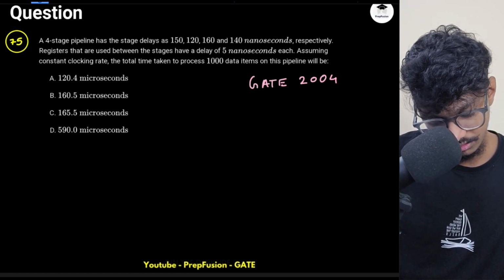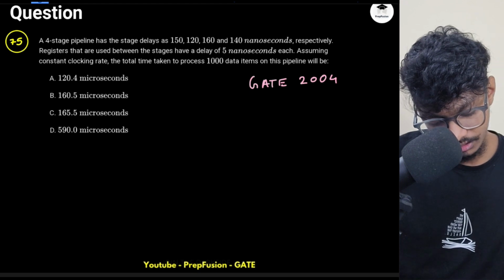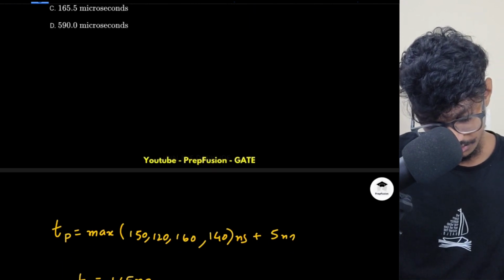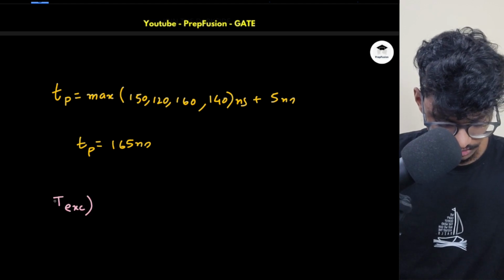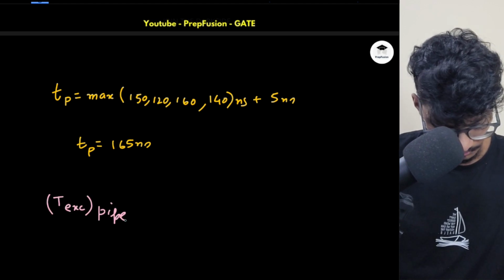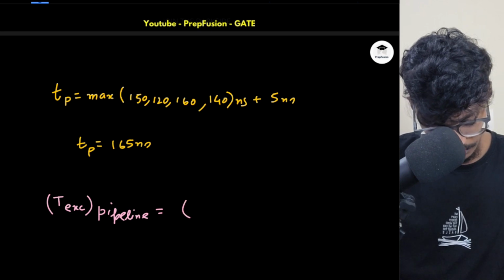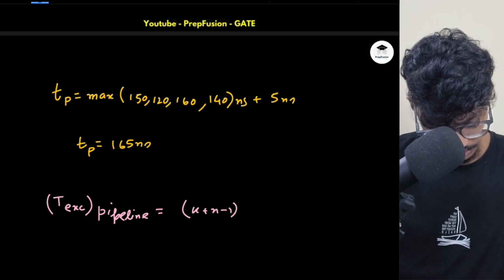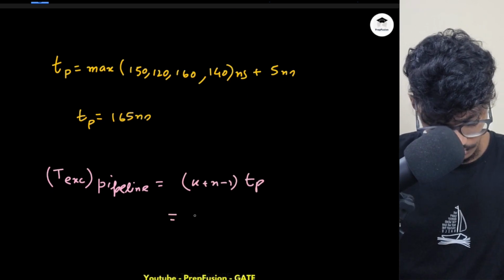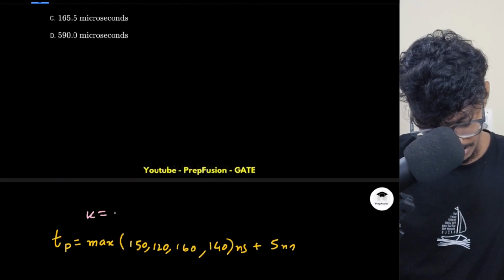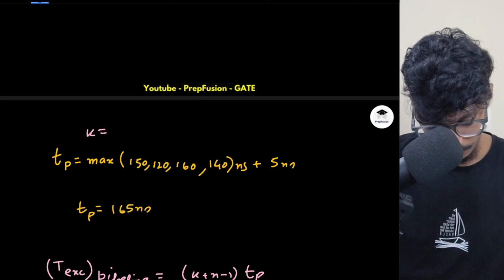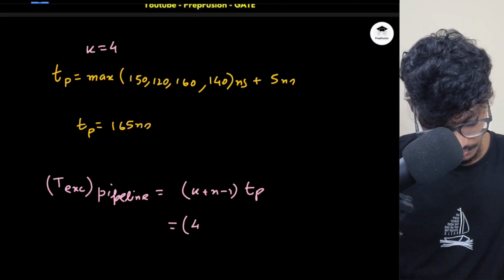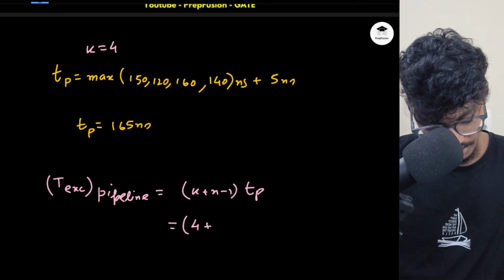Now, assuming the constant clocking rate, what will be the total time taken to process 1000 data items on this pipeline? So obviously, it is asking me the execution time of a pipeline system. It is simply equal to K plus N minus 1 into TP. So how many stages do I have from the delay? I can see it has 4 stages. So K is equal to 4. 4 plus N. N how many? 1000 I think.